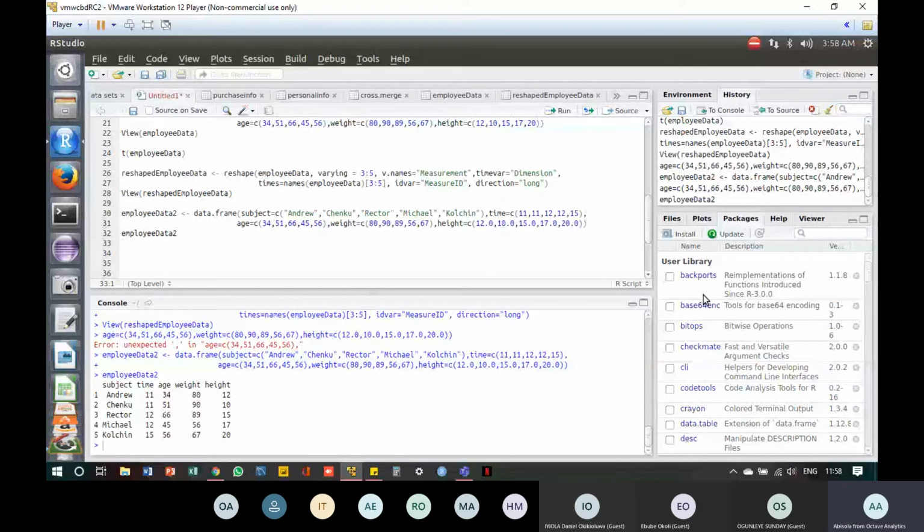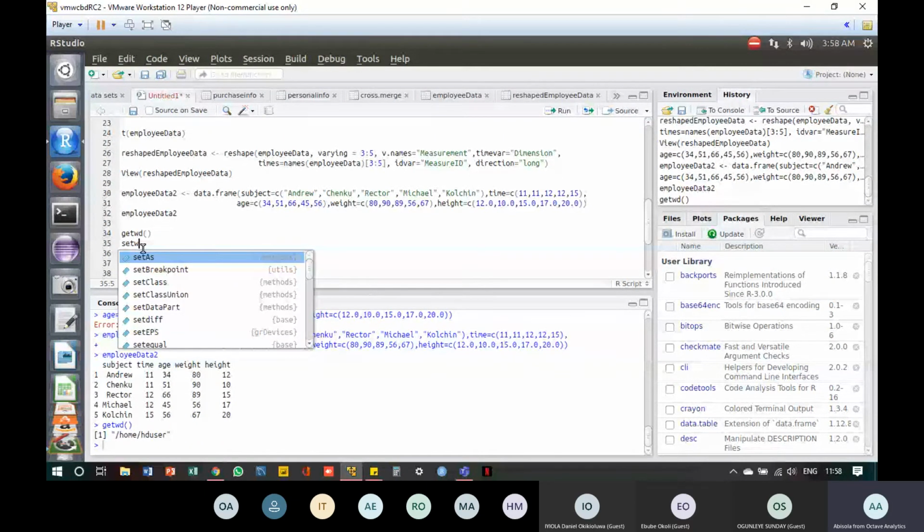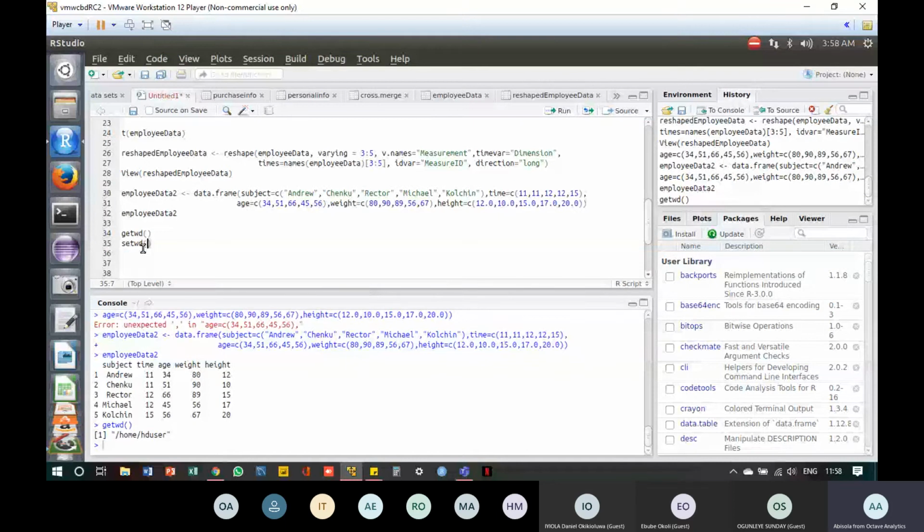So let's check, I didn't even check our working directory. We want to subset data. Oh, I thought I was in the console. So this is our working directory, and we want to set our working directory to what? Okay, let's just see. This is our working directory. We are looking for a data set which is books.csv.